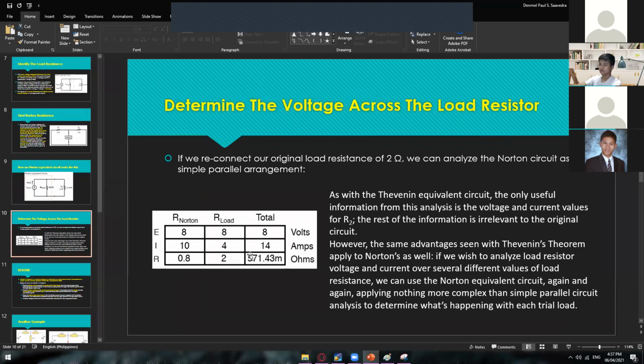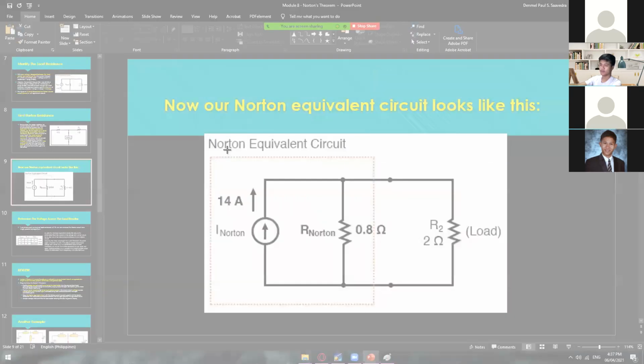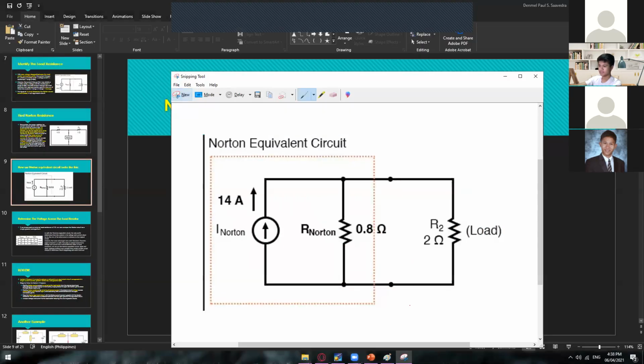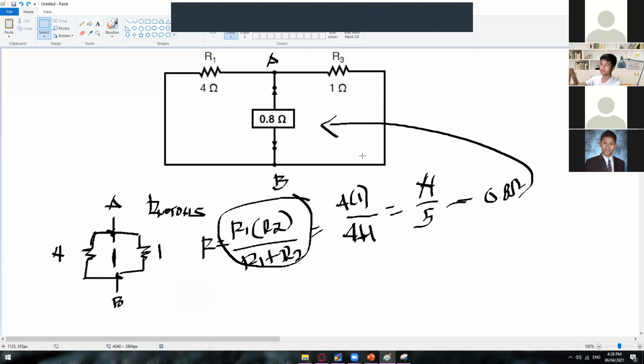We will not use this one since that one is quite confusing. Let's just get this one and solve that on our own. Anyway, are we clear on how we got the R Norton?